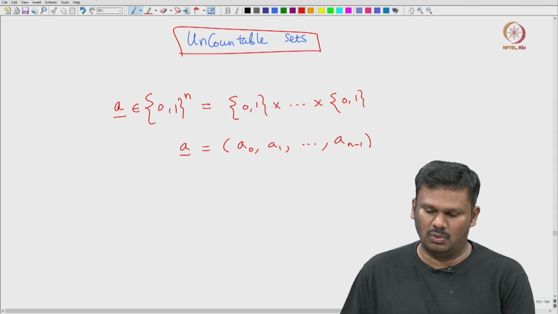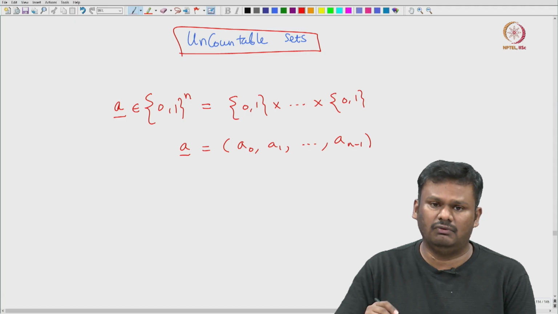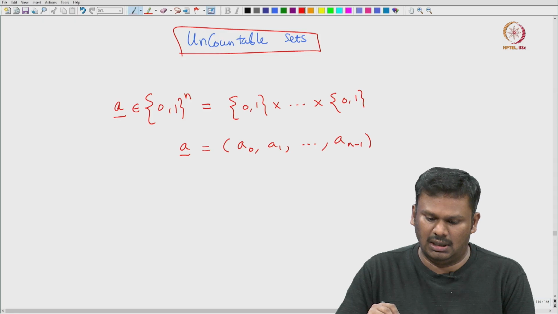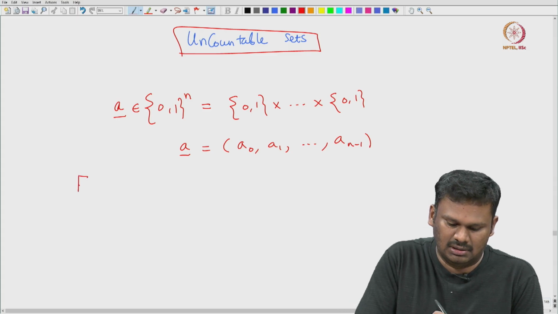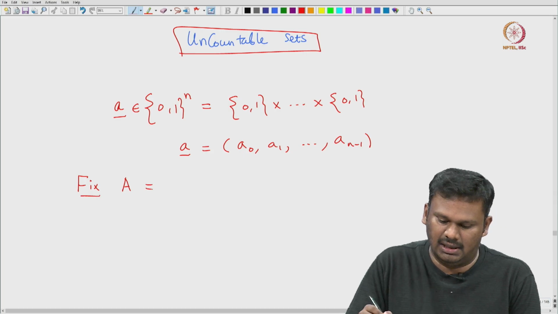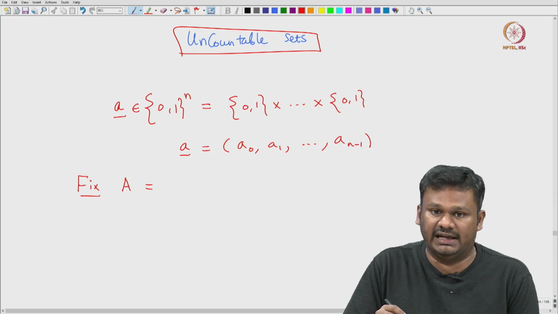Now what we want to do is make a connection between this Cartesian product and the power set of A, where A has n elements. So let us fix a set capital A which has exactly n elements.